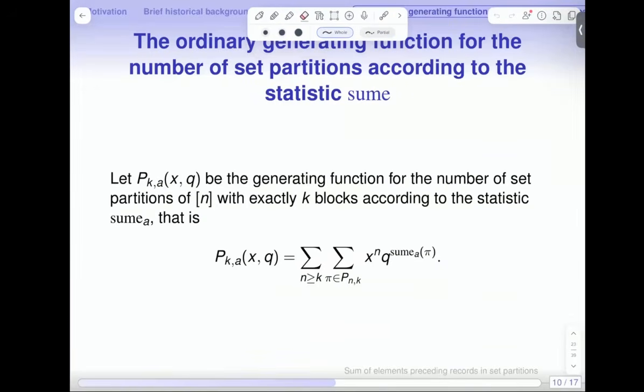Okay, so the ordinary generating function for the number of set partitions according to the statistic sum.